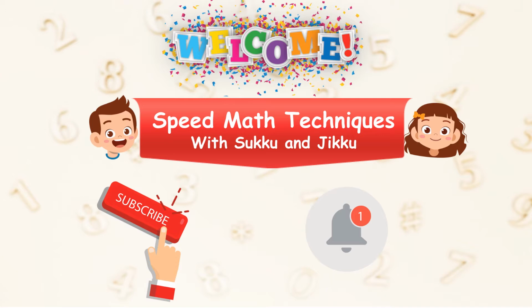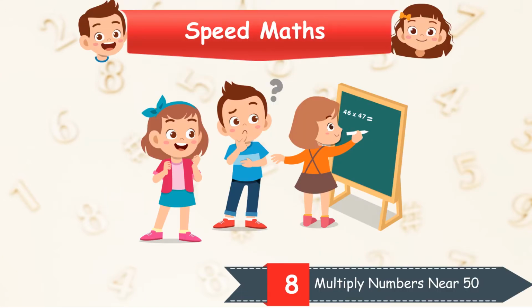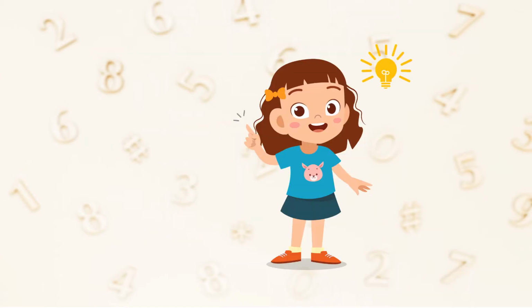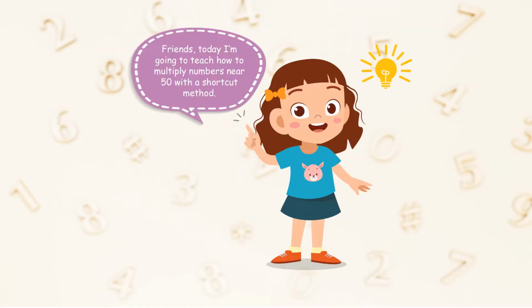In this episode of Speed Math Methods, we are going to see how to multiply numbers that are near to 50. So Jikku is going to take us through this technique and she is going to explain really simple methods and steps for us to multiply numbers near to 50.